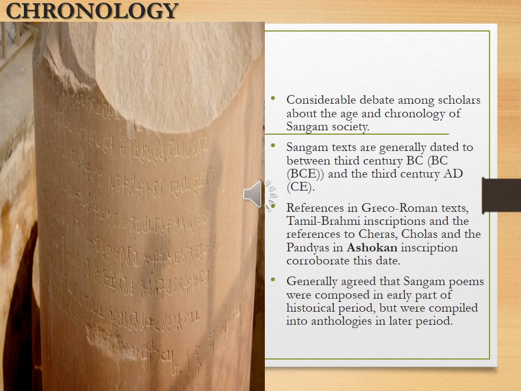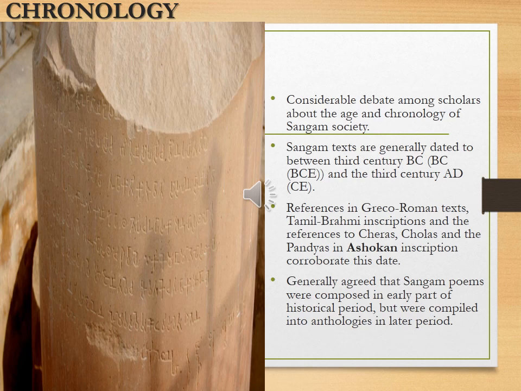So, chronology. There is a considerable debate and discussion among the scholars about the age and chronology of the Sangam society. The Sangam texts are generally dated between the 3rd century BC and the 3rd century AD.